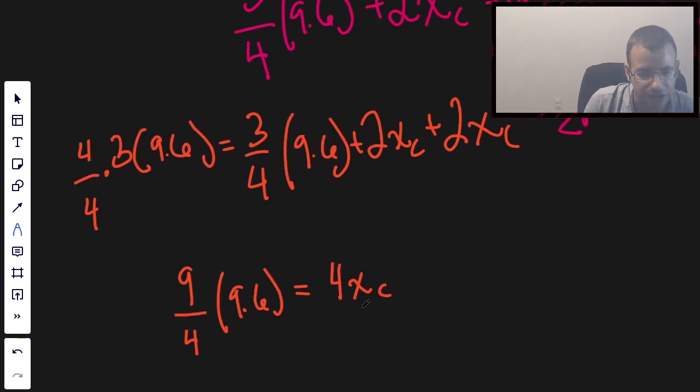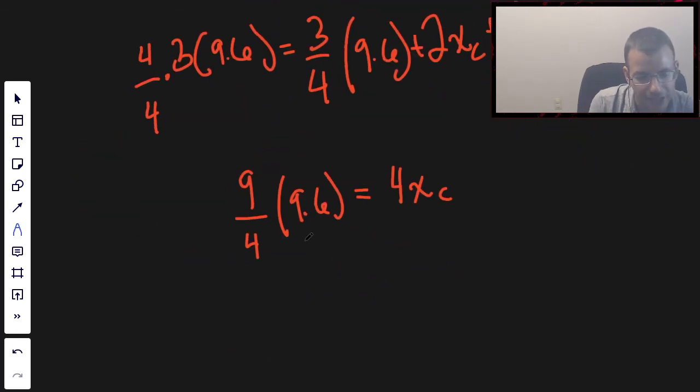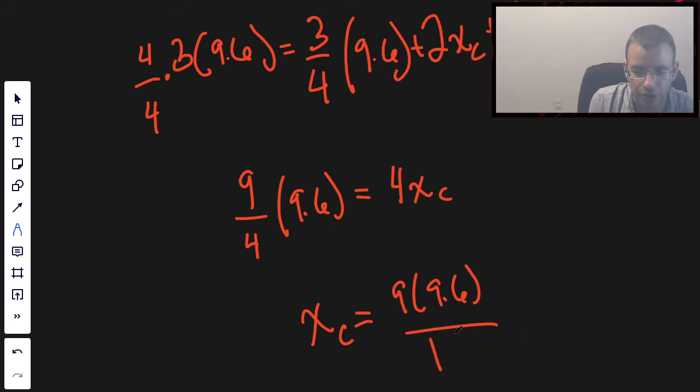We can solve this. So xc equals 9 times 9.6 over 4.4 squared, which is going to give us 16. Going over to Wolfram, I am going to get rid of all this.